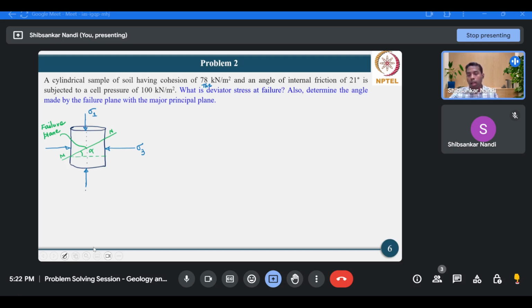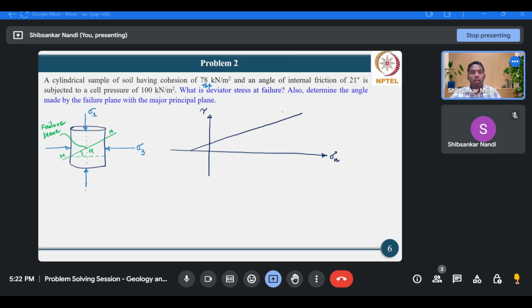Now, if we try to draw it in terms of a Mohr circle, so in the Mohr stress plane, this is your tau axis, this is your normal stress axis.